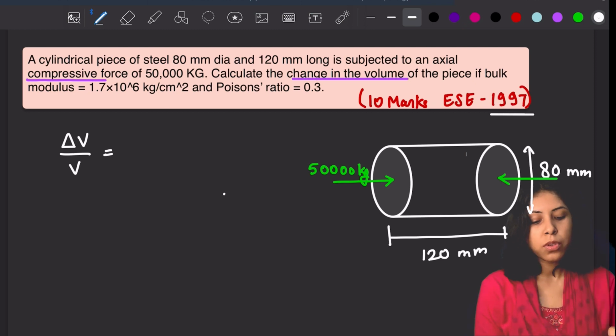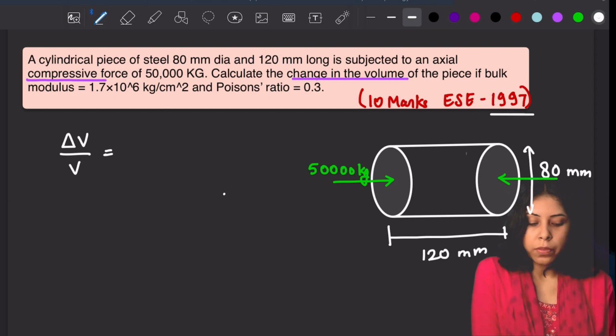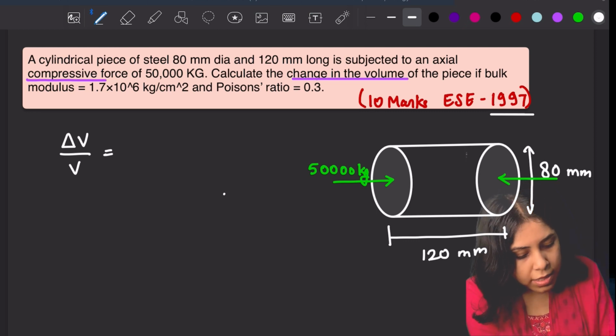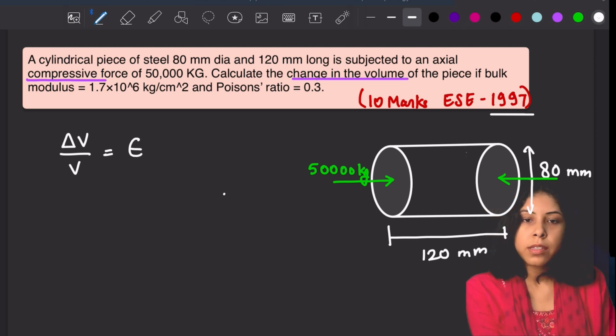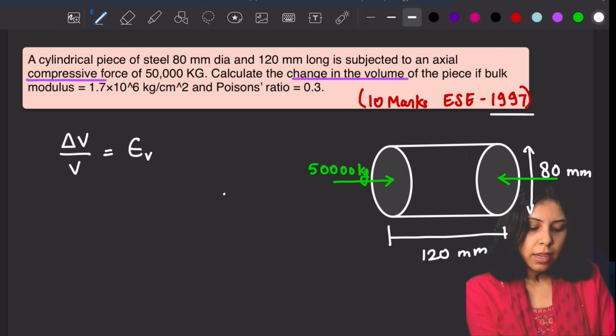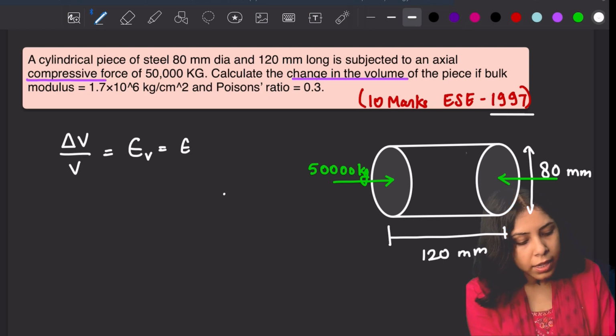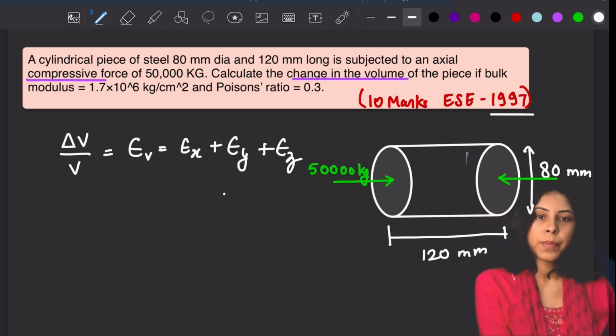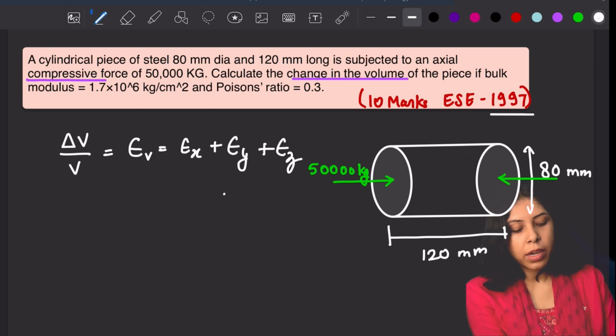Here it is del V upon V, that is change in volume upon total volume, and this is known as strain in the object. The total strain will include strain in the x-axis plus strain in the y-axis plus strain in the z-axis.